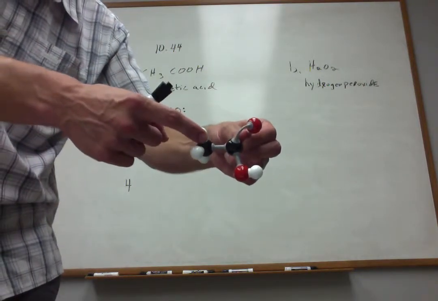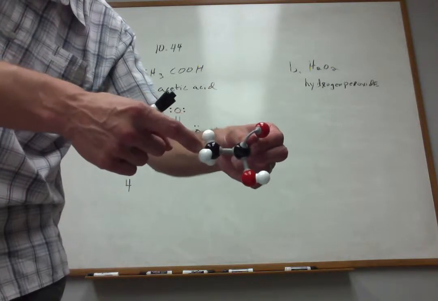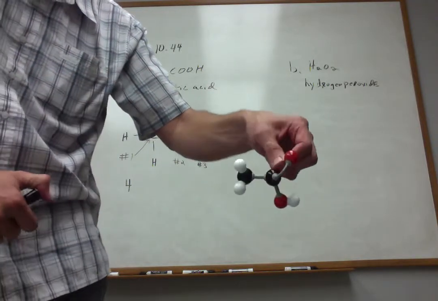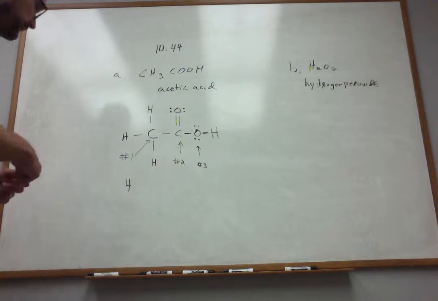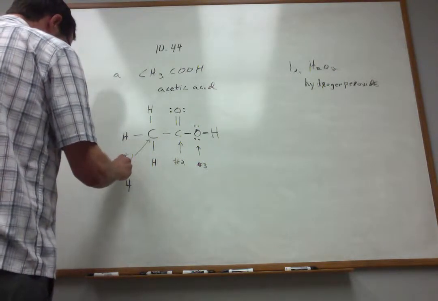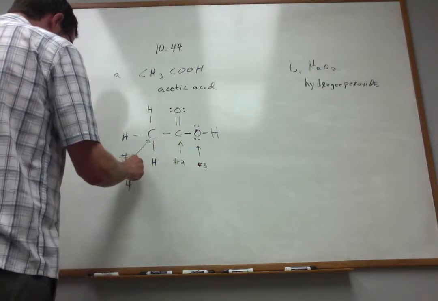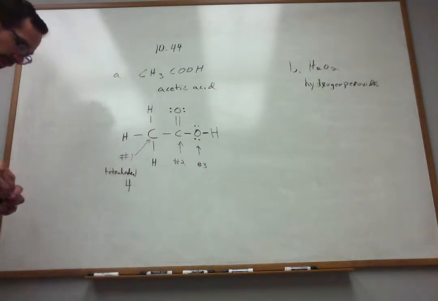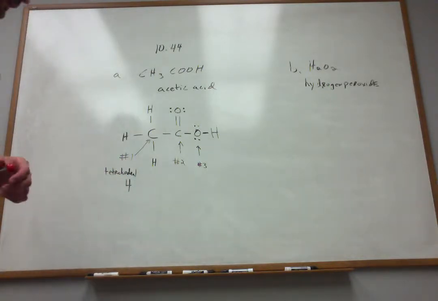This carbon is what? Tetrahedral. It's got 4 bonding regions around it. The shape, the molecular geometry around it's tetrahedral. Tetrahedral carbon. In terms of hybridization, we're going to call that sp3, okay?